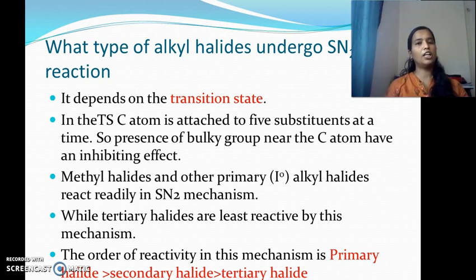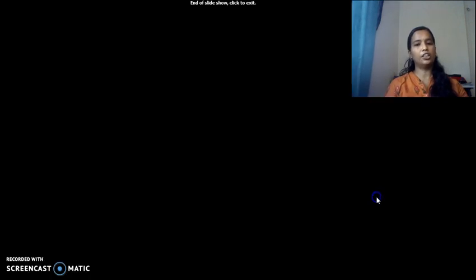Then secondary and tertiary halides have very little chance of undergoing the reaction by the SN2 mechanism. So the order of reactivity of alkyl halides by the SN2 mechanism is primary halide greater than secondary halide greater than tertiary halide.